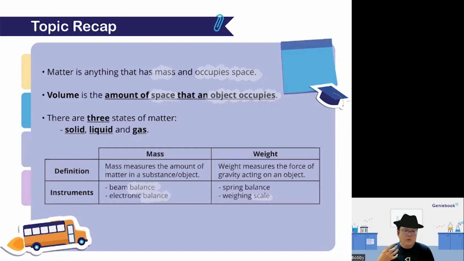So if we are not using any balance in the experiment, we cannot prove that the object has mass. Although we know deep down, yes, it has mass, the experiment does not show it has mass. Hopefully those who are confused have a better understanding now. So you have to take note of what is used in the experiment so that you know what they are asking for.